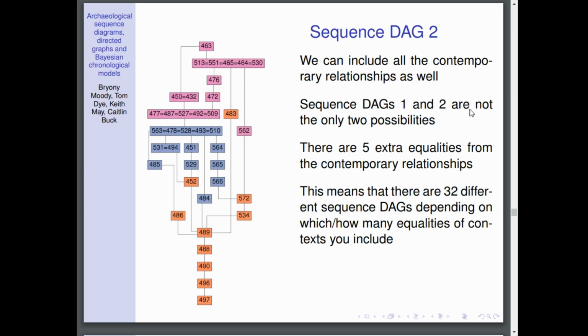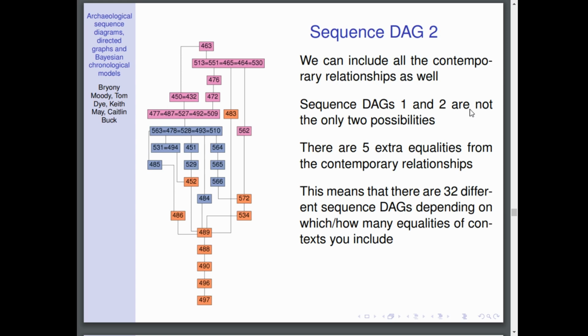So there are actually 5 extra equalities that are included in the contemporary relationships. So what if you're less certain about some contemporary relationships than others? Well, if you want to look at the different combinations that you can have of sequence DAGs by including or not including these 5 different contemporary relationships, this produces 32 different sequence DAGs.